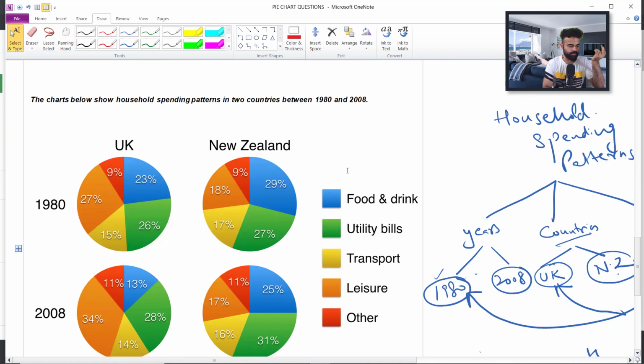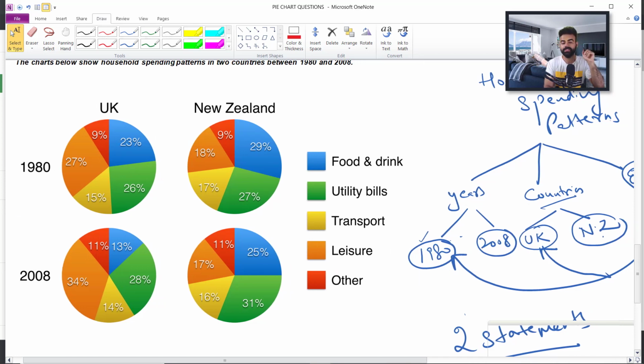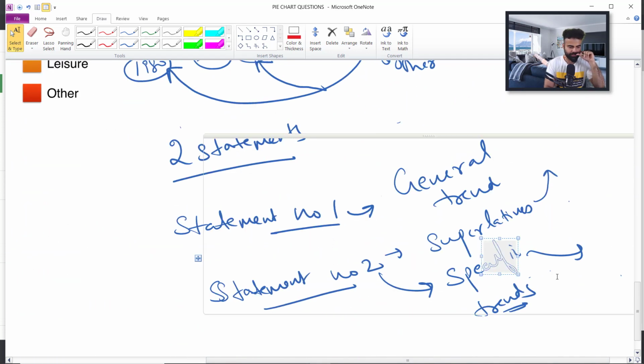Then here also you can see in the UK, food and drink, right? So spending on food and drink has significantly decreased from 23% to 13%. That's also a sharp decrease if I compare it with other elements, right? So that's how you need to find the specific trends. All right, so this was about specific trends.